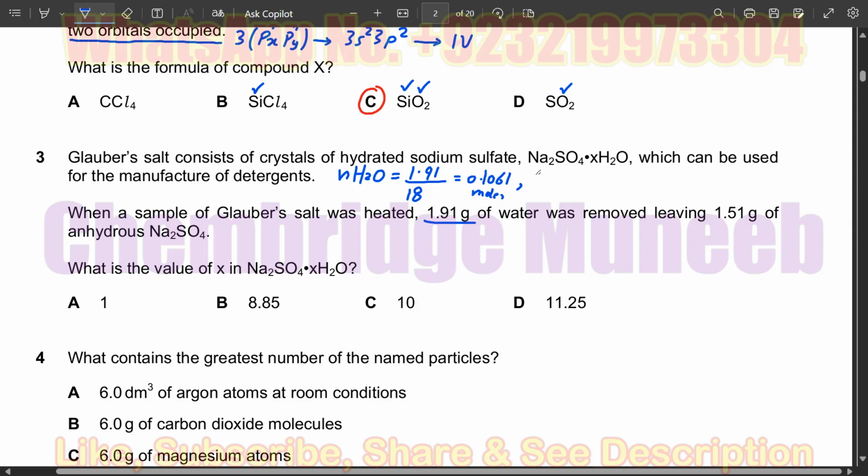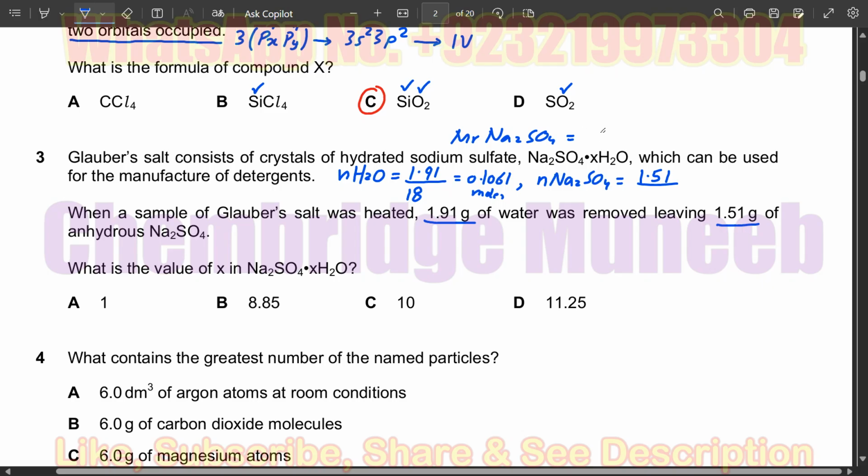I have to calculate the moles of anhydrous sulfate as well. Moles of Na2SO4 is equivalent to its mass divided by molar mass. Now, mass of anhydrous is given as 1.51 gram. Its molecular mass must be calculated separately. You have to use the periodic table to calculate its molar mass, its Mr value.